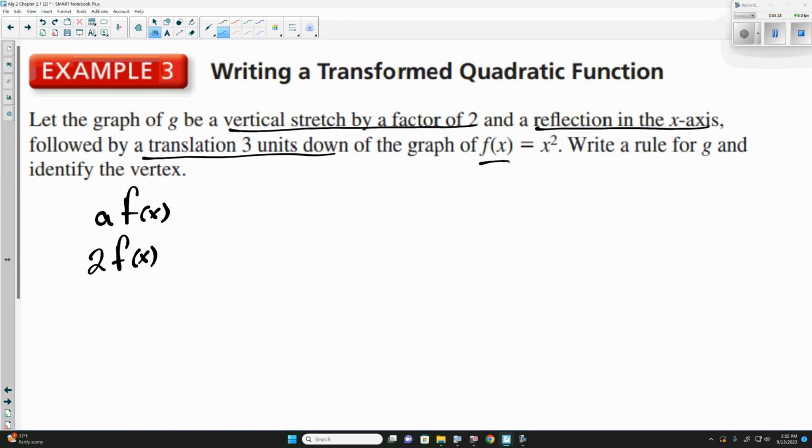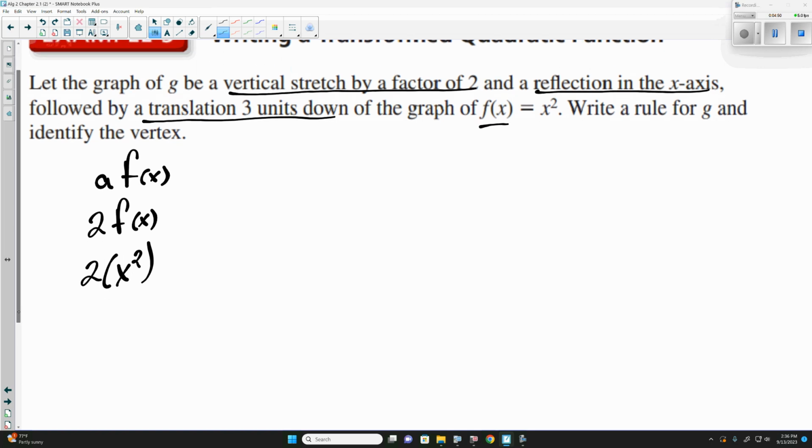So technically what we're doing is replacing every x in the function f of x with x. Well, that just means that we have 2 times x squared. It really doesn't change anything. We just replaced x with x. Now, we simplify by multiplying. 2 times x squared is 2x squared. Vertical stretch by a factor of 2 is done.